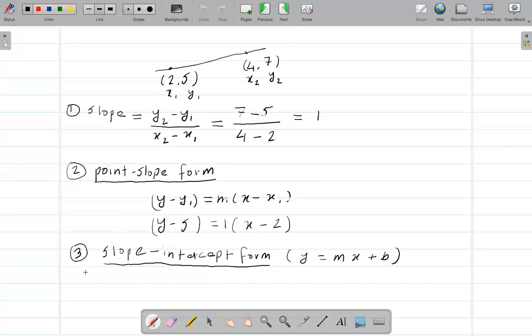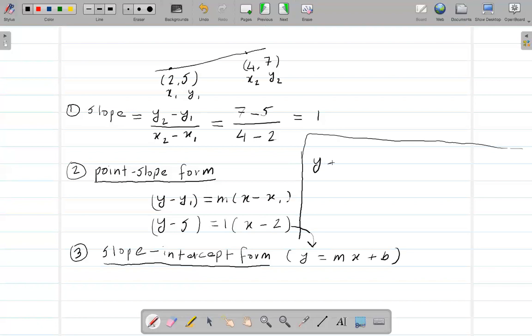So now to change the equation to that form, well, let's do it here. I think there should be enough space. So now I need to change this equation to this form, y is equal to mx plus b form. So to do that, it's easy. We have to basically just distribute this one to these two, which is not going to make any difference.